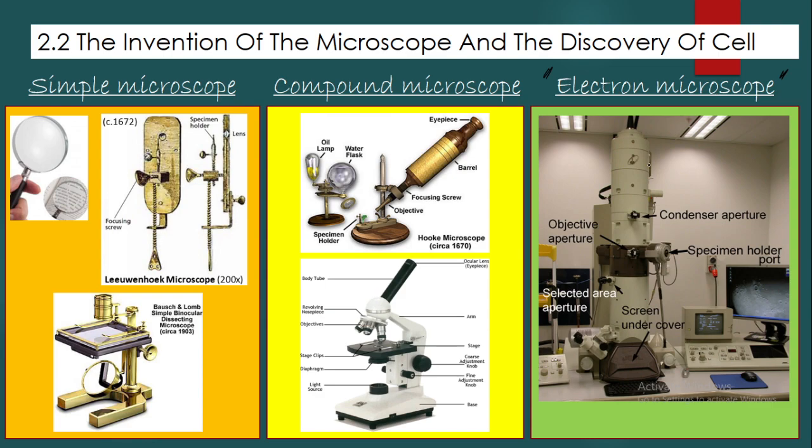The electron microscope is designed such that on the top there is a generation of an electron beam, electron rays, what we call cathode rays. These rays are generated at the top and move downwards, and on either side there are magnets.